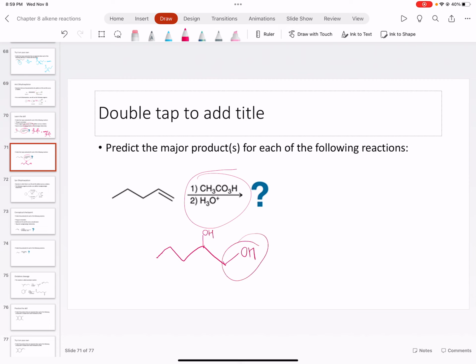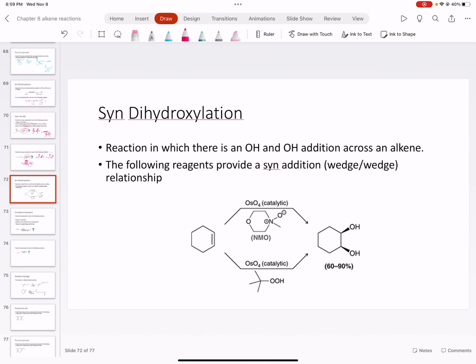You can see that in here I don't really create a chiral center, but in here technically I would, so I would specify wedge or dash on that one, which does make it a lot easier, because you can just say this. And that will be my answer. But remember, if you wanted to really specify, this one will be in a dash and this one will be in a wedge, just because we have to do anti-addition.